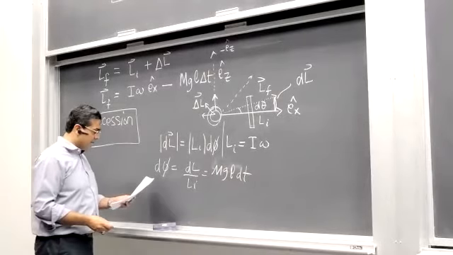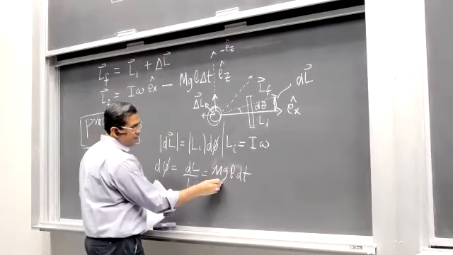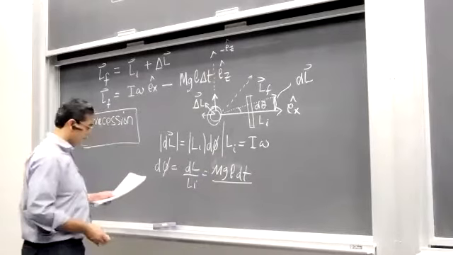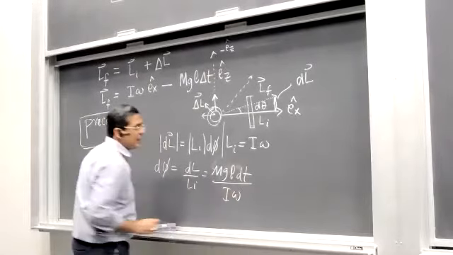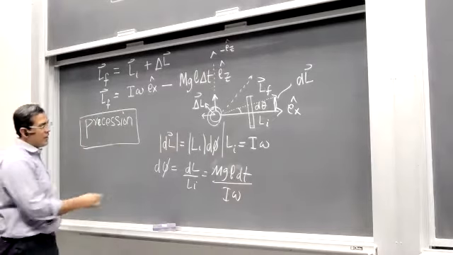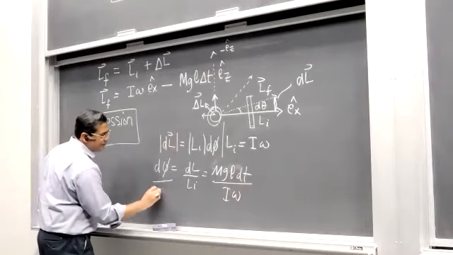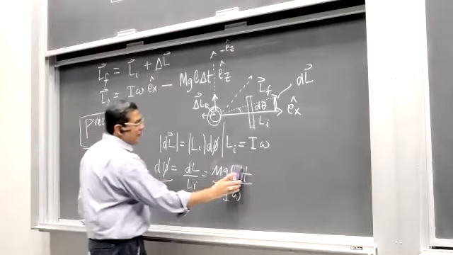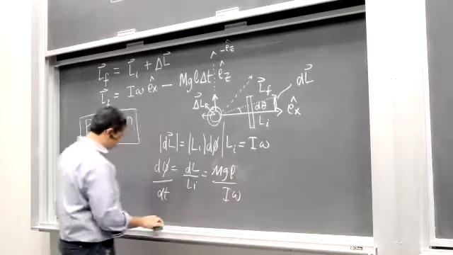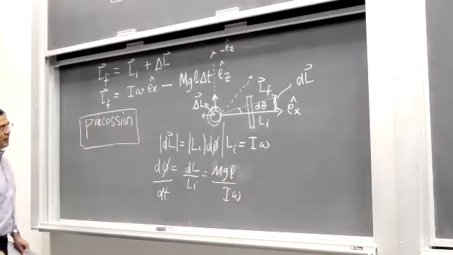And what is Li? I omega. Okay, let's divide the whole equation by dt, and then on this side dt cancels. We get mgl over I omega.